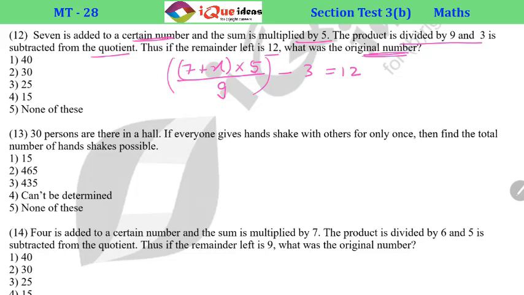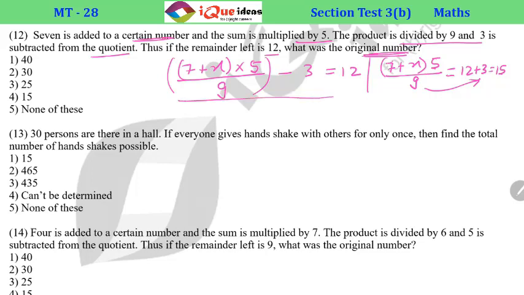So this is a simple question of 1 degree, 1 variable. First of all, this 3 goes to the other side and gets added. So 12 plus 3 becomes 15. So we write it as (7 plus x) into 5 divided by 9 is equal to 12 plus 3, which is 15. Now 9 goes to the other side and gets multiplied. So 9 into 15 is 135.